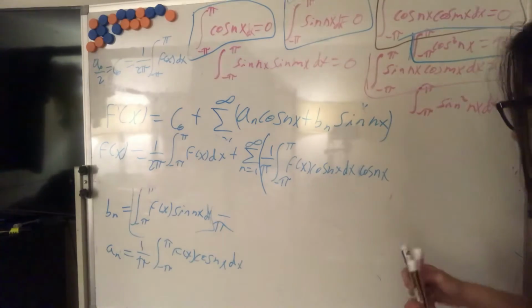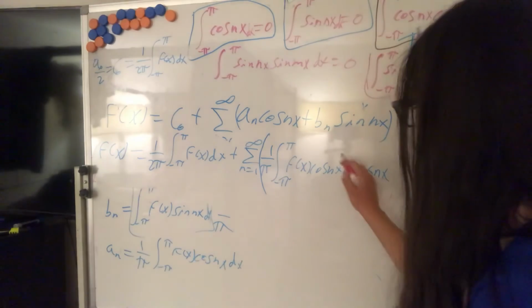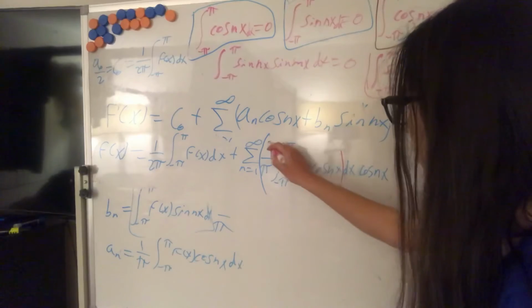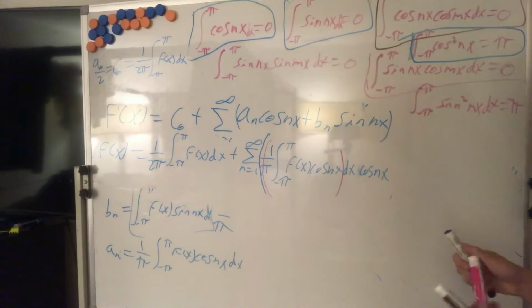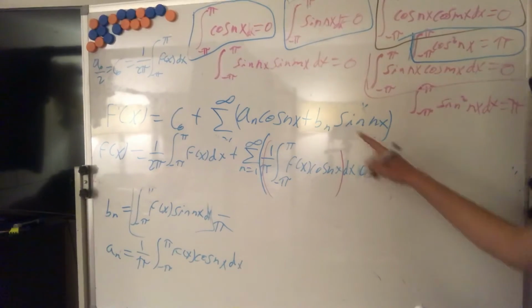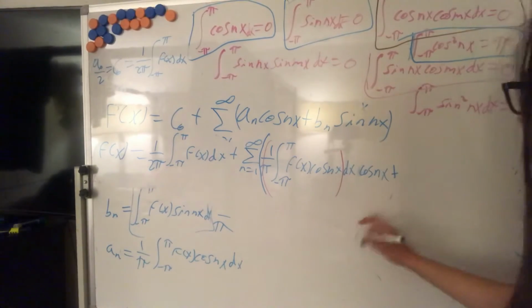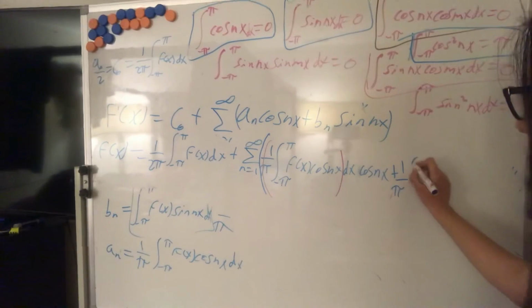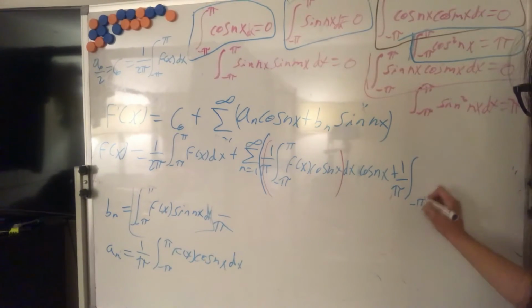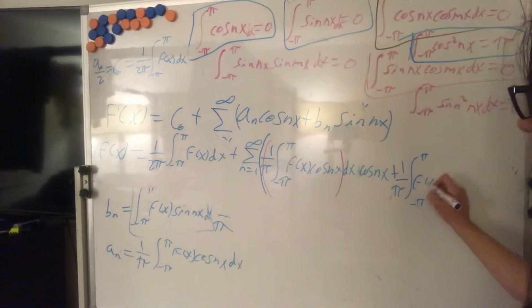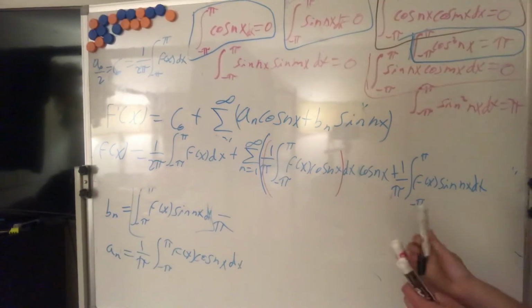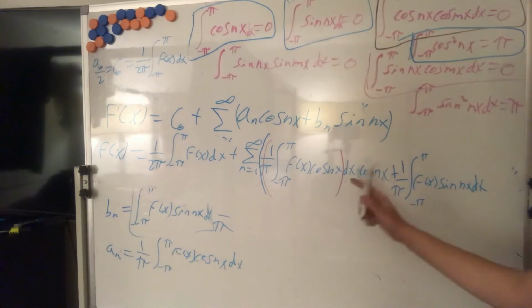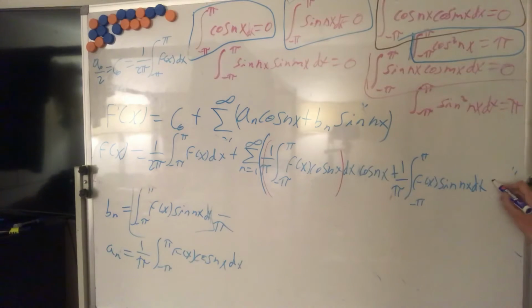Plus, if you want, let me put this in brackets, plus b sub n, that is 1 over pi times the definite integral from minus pi to pi of f of x sine of nx dx, times sine nx.